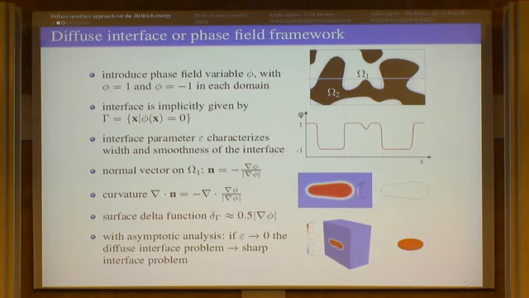So we can easily calculate the normal vector, the curvature, and as well the surface delta function. And here you see some examples where we can approximate this one-dimensional surface by this phase field variable, and of course this two-dimensional surface by this phase field variable. And the goal is that we should show that if epsilon goes to 0, our diffuse interface problem converges to the sharp interface problem.